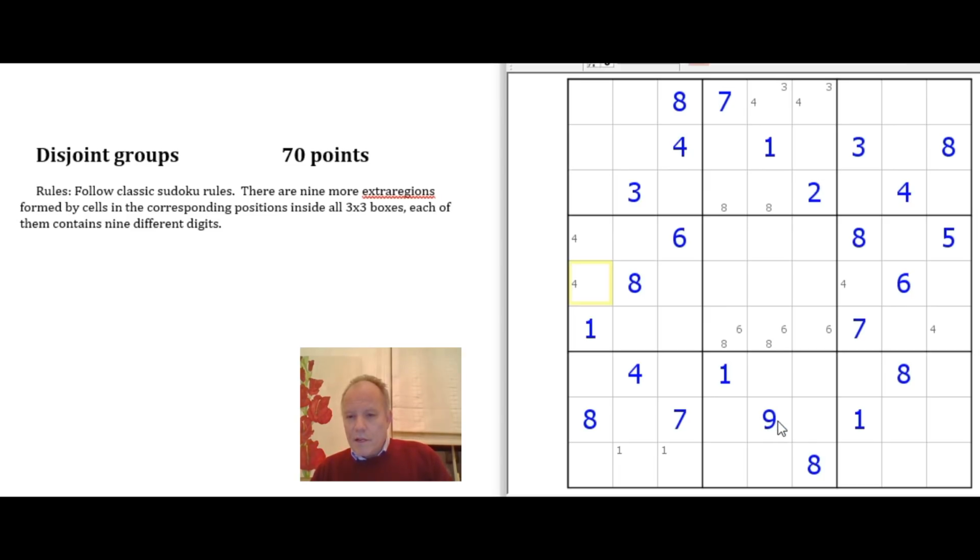9, no, it's the only 9 given. 6, 5. It's interesting how few givens they can get away with using. 1 has to be either there or there by normal Sudoku rules, and unfortunately these 1s don't help with that. Maybe some of them, no, the other 1s don't even help with this box.